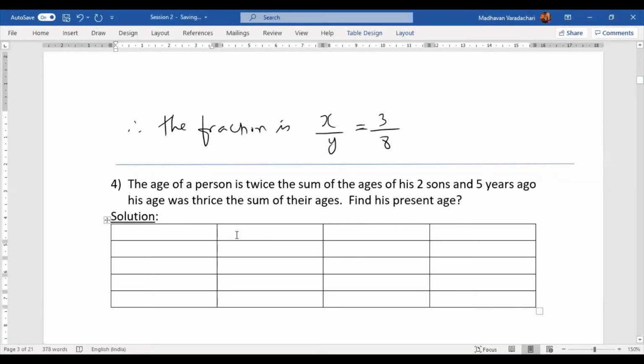Here we will say father, son 1, son 2. We don't know. We are supposed to find the present age. Let us assume the father's age as X, son 1 as Y, son 2 as Z.